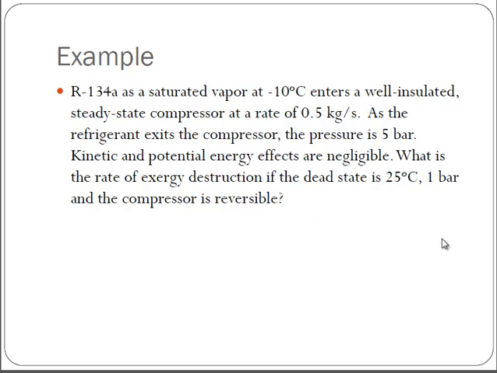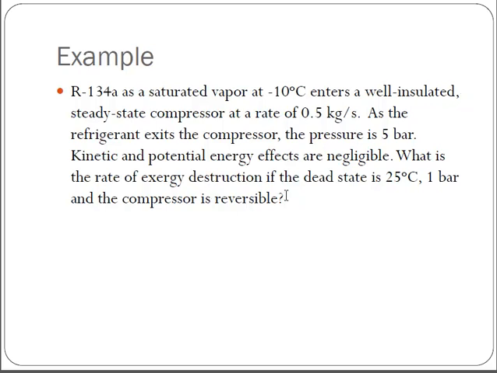Now, I've already said here that I'm assuming it's reversible. I'm assuming it's well insulated. What did I say were the factors that are going to cause exergy to be destroyed? I said it's going to be friction, it's going to be heat transfer. Other things like explosions and things like that also are irreversible, but really our big two are heat transfer and friction.